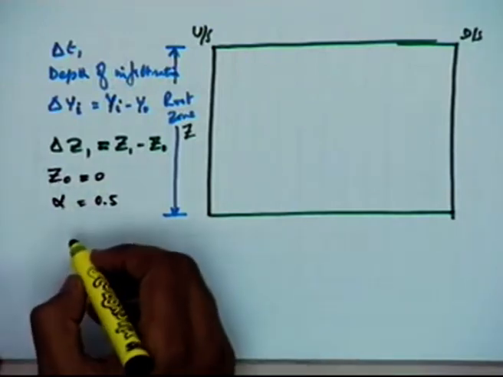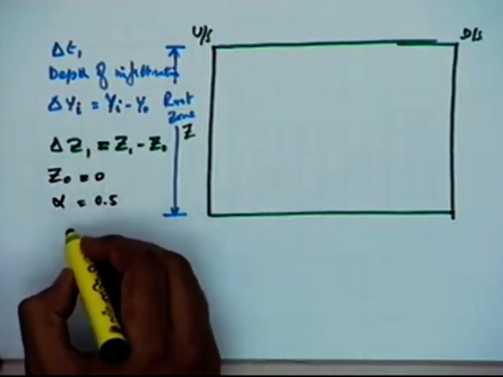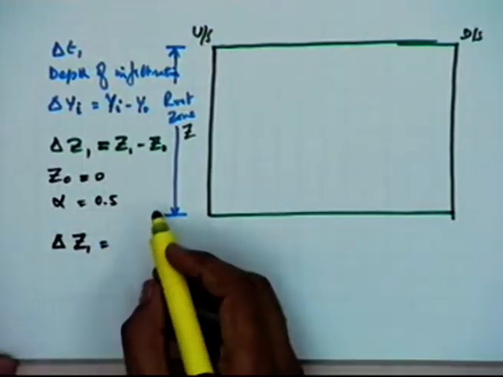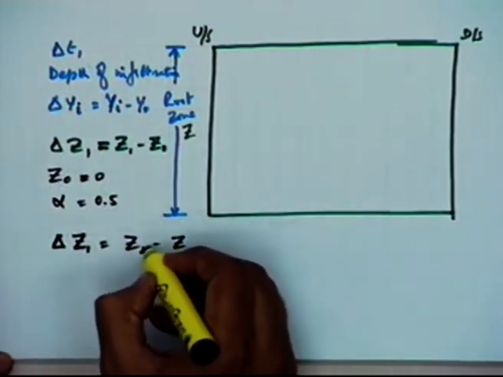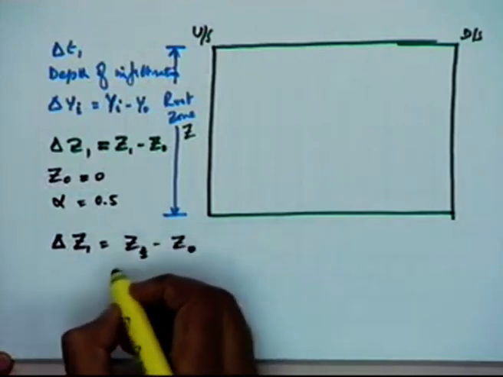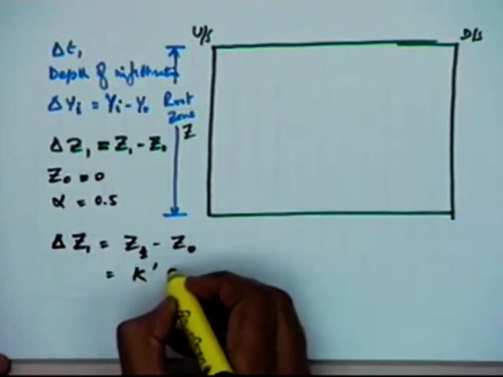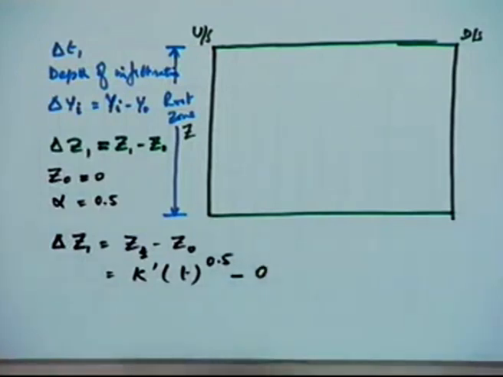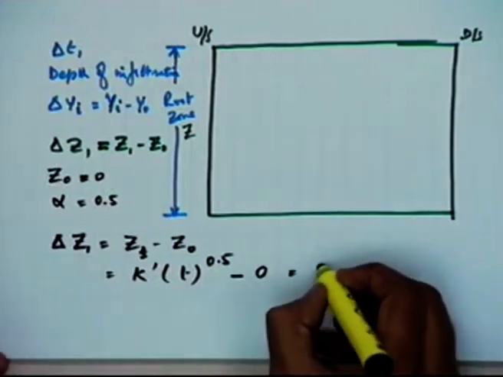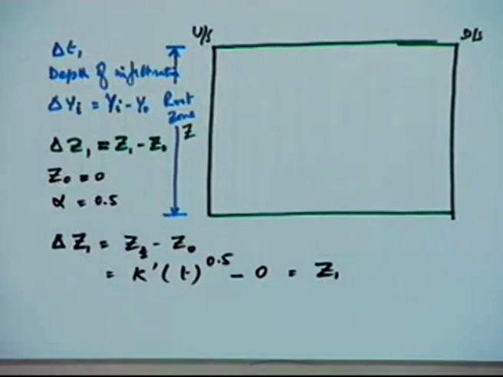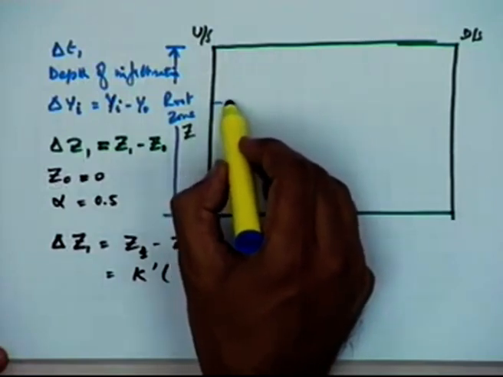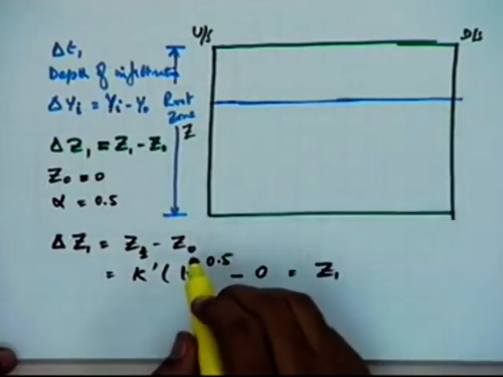Then, if these two things are known, for the very first interval delta T1, you can write delta Z1 is equal to Z1 minus Z0, and Z1 is nothing but K dash T1 to the power 0.5 minus 0 in this present case, which is nothing but Z1.